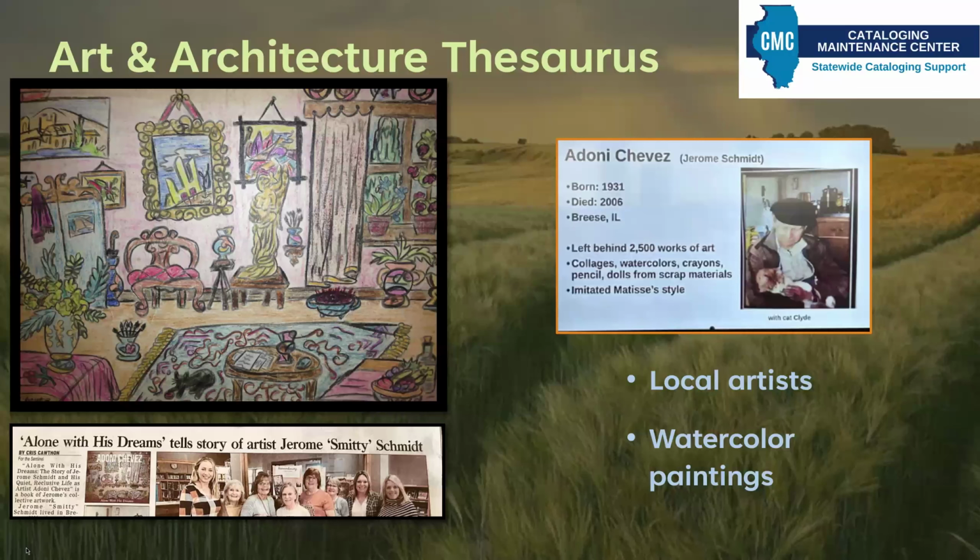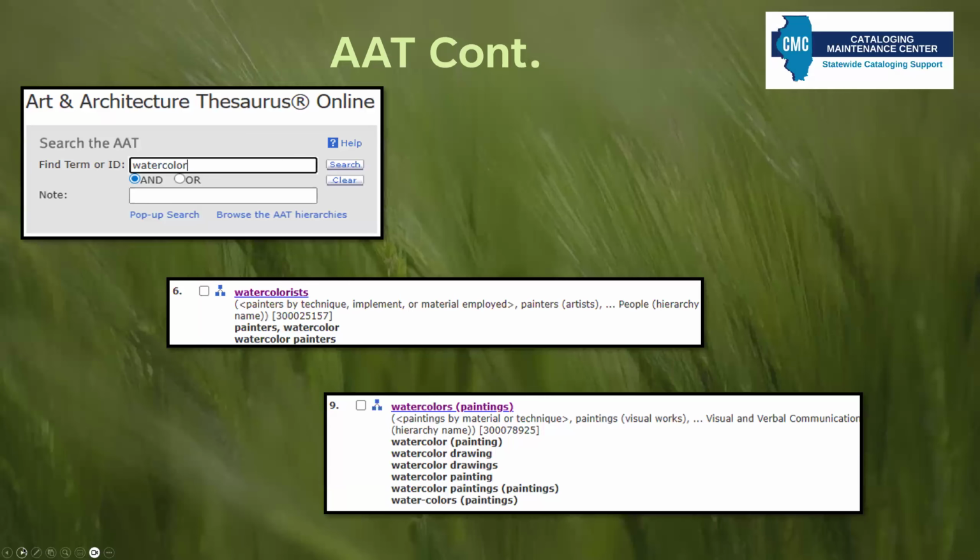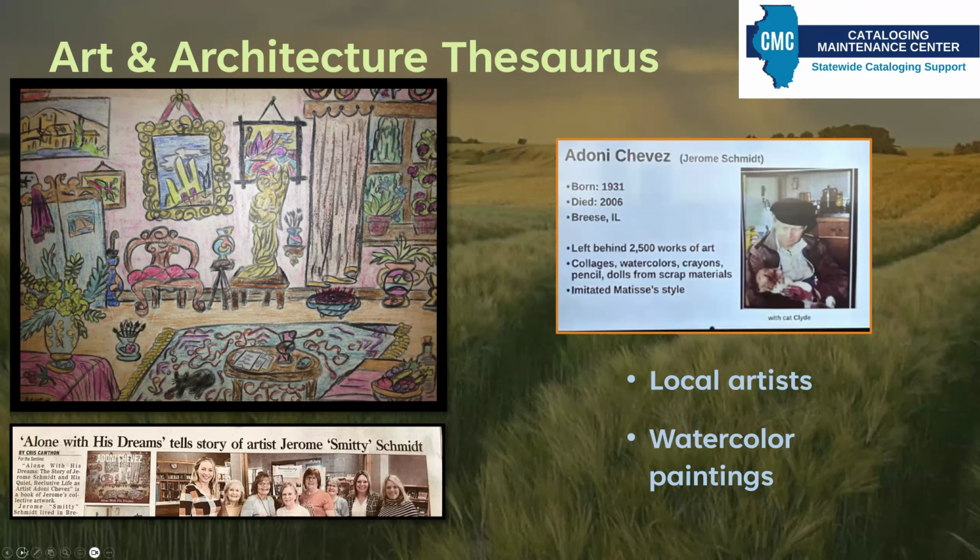It's about a local artist, Jerome Schmidt, who painted under the name Adoni Chavez, and his family knew nothing about his art. After he passed away, they found over 2,500 works of art. So this is a book of some of his artwork.